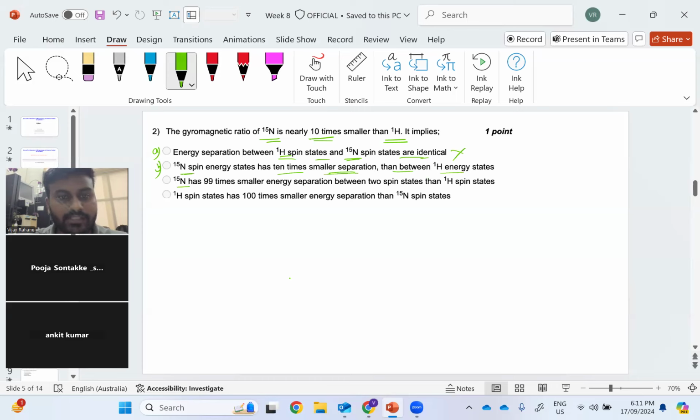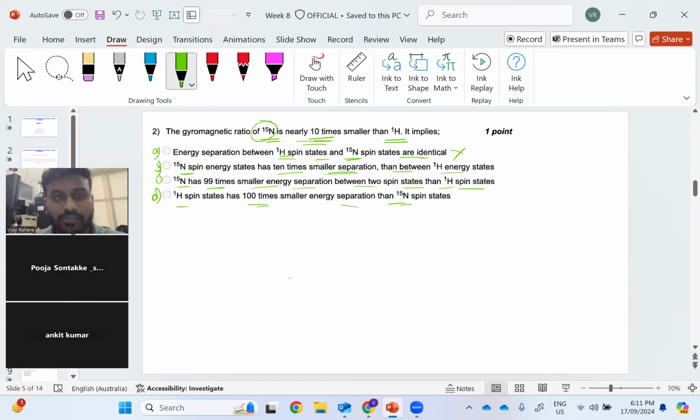Option C says nitrogen 15 has 99 times smaller energy separation between two spin states than 1H. And option D says the 1H spin states have 100 times smaller energy separation than the nitrogen 15 spin states.